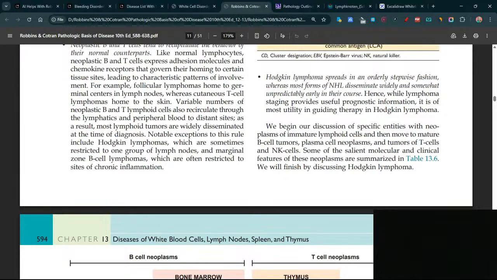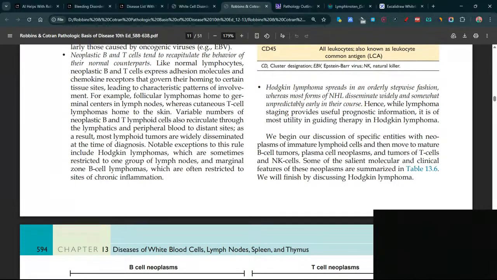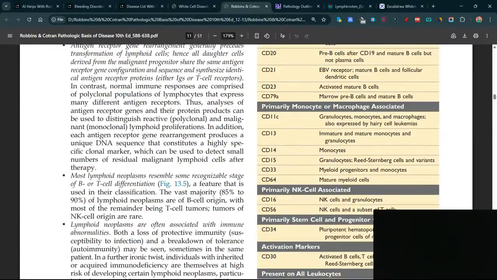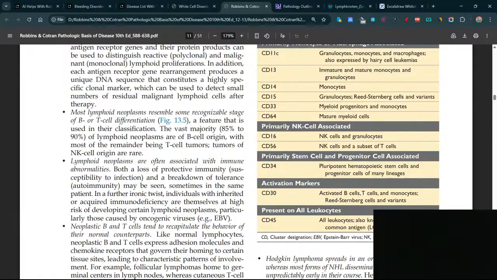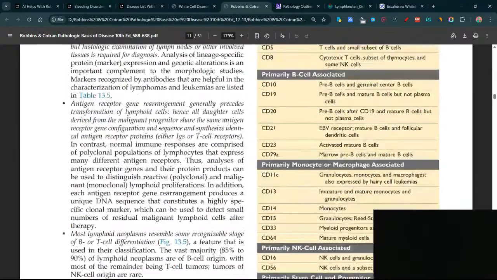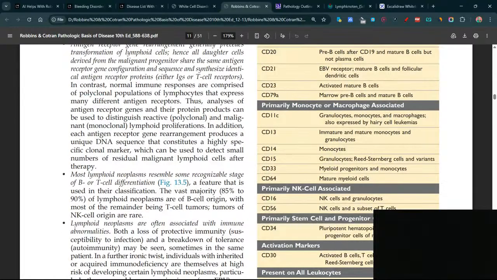So this table lists the cluster of differentiation, CD. Okay, so CD19 and CD20 are the ID tags for B cells, and if a cell is CD20 plus, it is mostly a B cell. And CD3, CD4, CD8 and CD1 are markers for T cells.